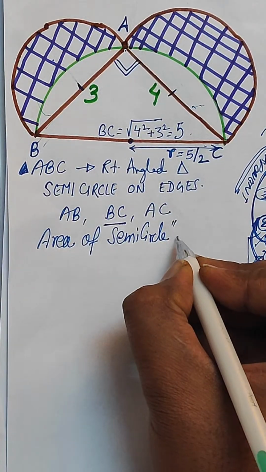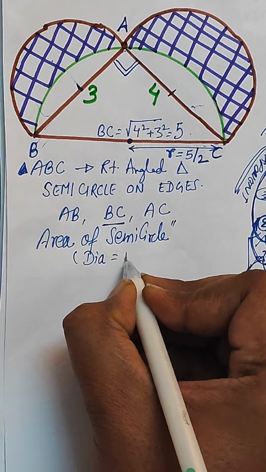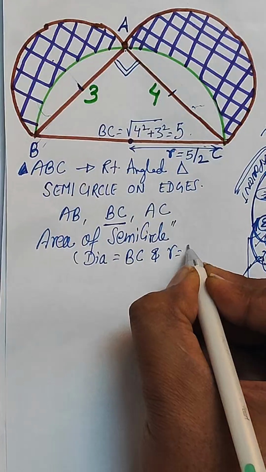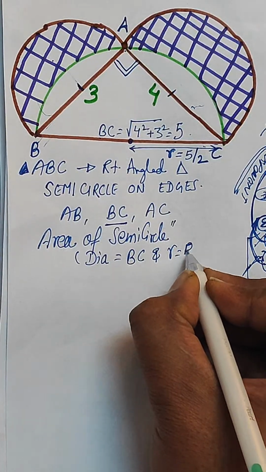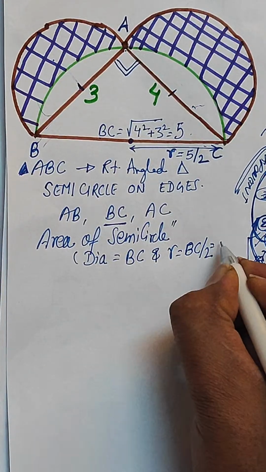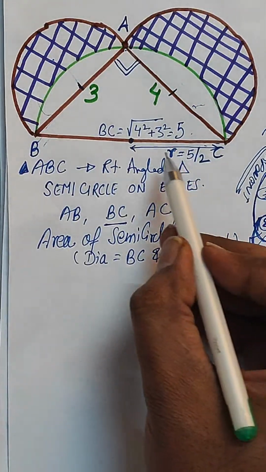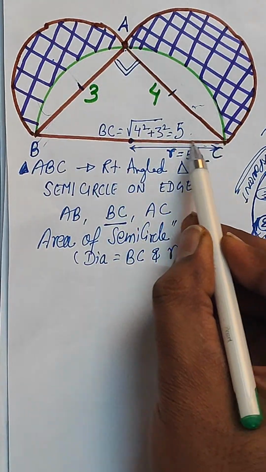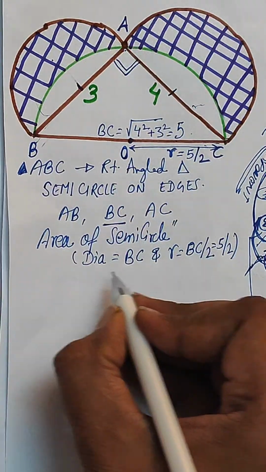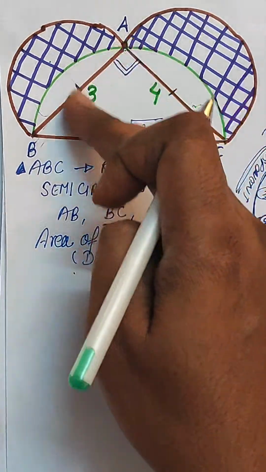Where diameter equals BC and radius equals diameter BC by 2, which is coming as 5 by 2, right? So let us say if O is in the center, then OC is equal to the radius of the bigger semicircle.